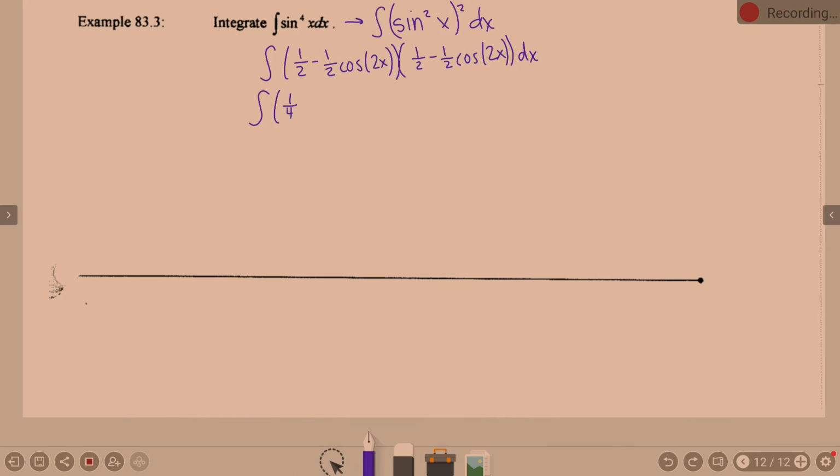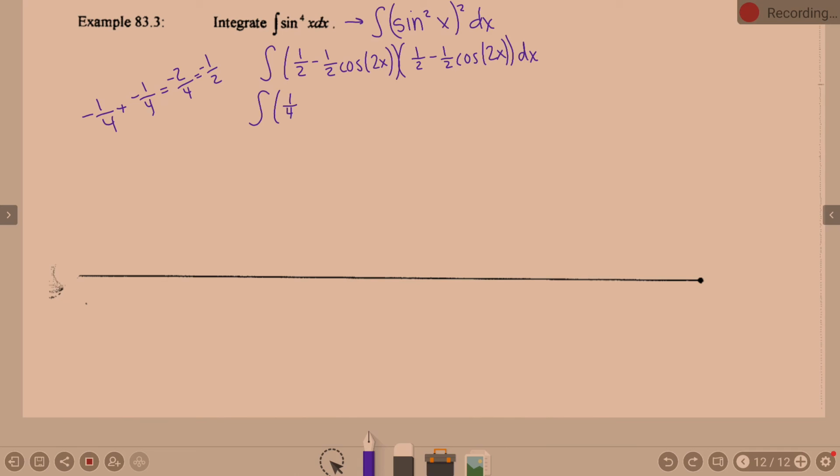Now, as you multiply outsides, 1/2 times negative 1/2 cosine 2x. So that's going to be negative 1/4 cosine 2x. Then when you do the insides, it's 1/2 times negative 1/2 cosine 2x. So we're going to end up doing negative 1/4 plus negative 1/4, which is negative 2/4, or can I just go negative 1/2?